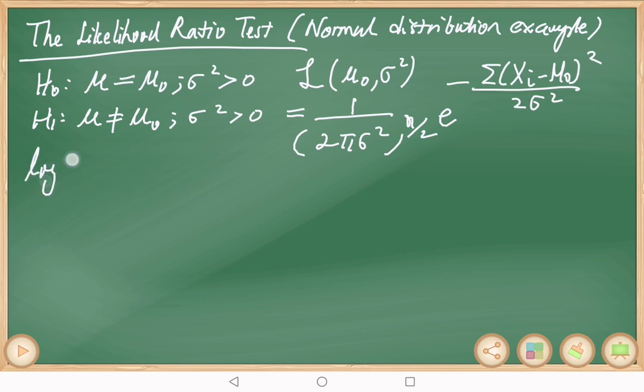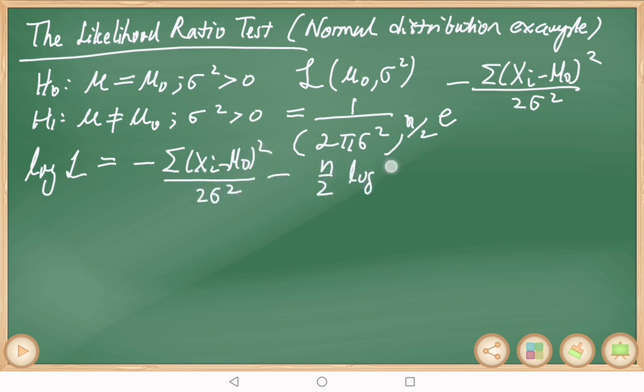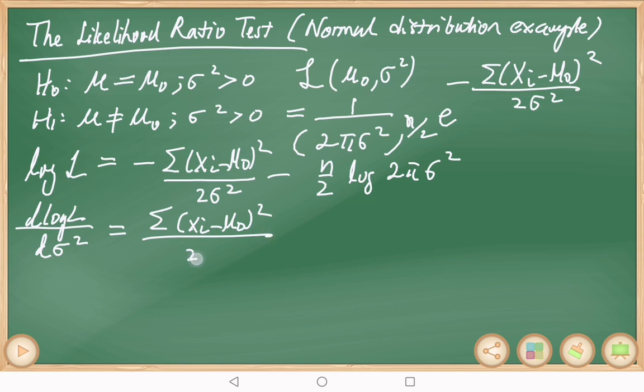So we take the log of L, and this gives us the following. We have minus n over 2 log 2 pi sigma square, and so on. We take the derivative with respect to sigma square, and this gives us a simple form: summation xi minus mu naught squared over 2 sigma to the power 4, minus n over 2 times 1 over sigma square.